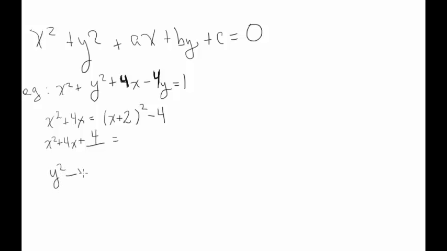Similarly, y squared minus 4y comes from (y minus 2) squared. But (y minus 2) squared is y squared minus 4y plus 4. So again, you've got to subtract off the 4.